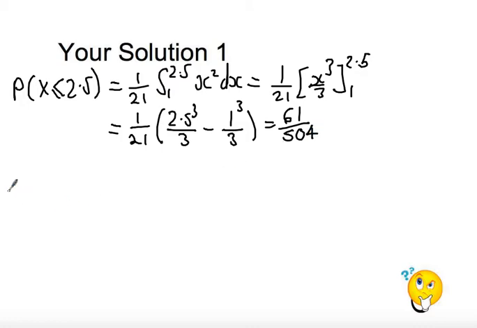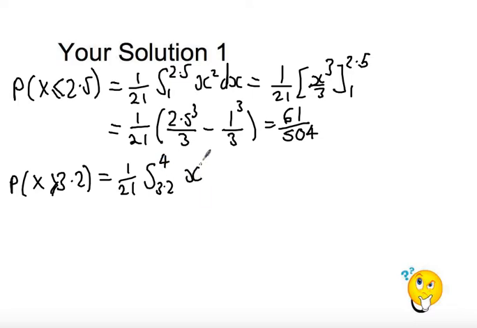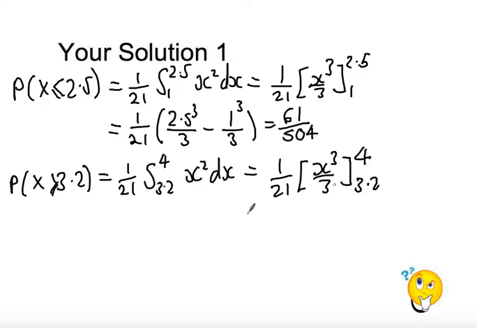Okay, finally, the last question was to find the probability x is greater than or equal to 3.2. So same probability density function. This time we're going to integrate from 3.2 up to the upper bound, which is 4. So we get the integral of x squared dx. So this is 1 over 21, x cubed over 3, integrated between 3.2 and 4.